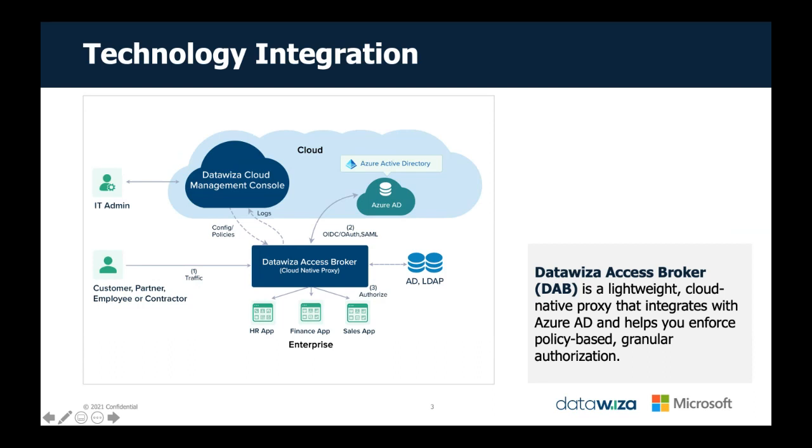It's a distributed, lightweight, cloud-native proxy that integrates with Azure AD and helps you enforce policy-based, URL-level access control, as you can see here in the middle of this diagram. And also we have a unified cloud management console to manage those proxies, the Datawiza Access Broker.